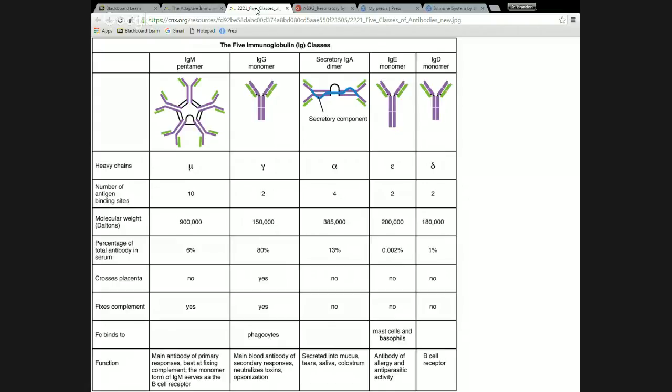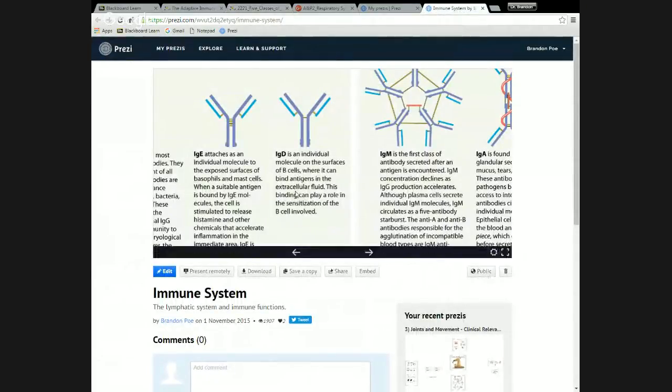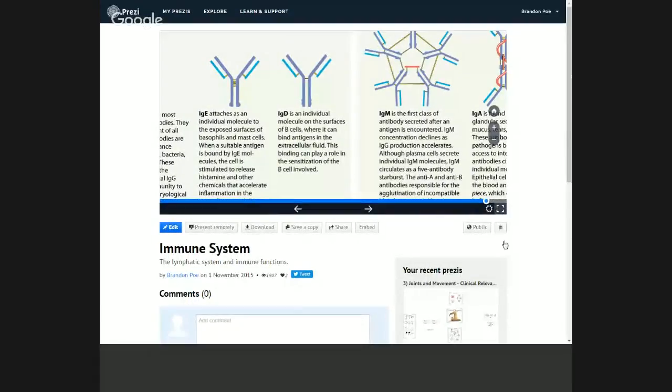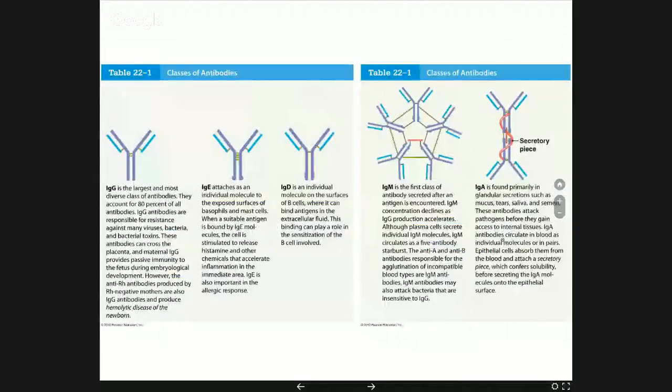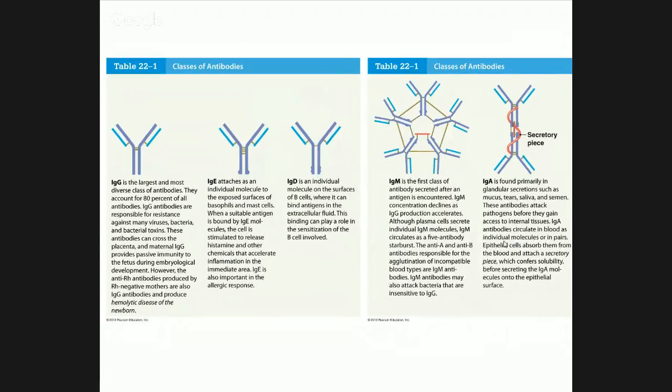It's just the designation for the heavy chain version that makes that type of antibody. So I just wanted to show you that from the book rather than this, because this doesn't say anything terribly different. I just like the table from the book that gives you the percentage that each is laid out and the nice table for explaining what each one does.